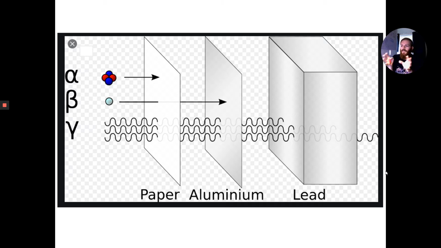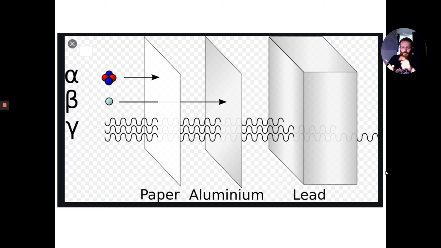So if I was to set up some atoms in front of something that's giving out alpha radiation, and that alpha particle hits one of those atoms, there's a good chance it's going to knock off an electron because the alpha particle is pretty big. A beta particle is smaller, so the chance of it hitting something and being able to knock off an electron is smaller. And obviously a gamma ray, because it's not a particle, has dramatically less chance of ionizing an atom.